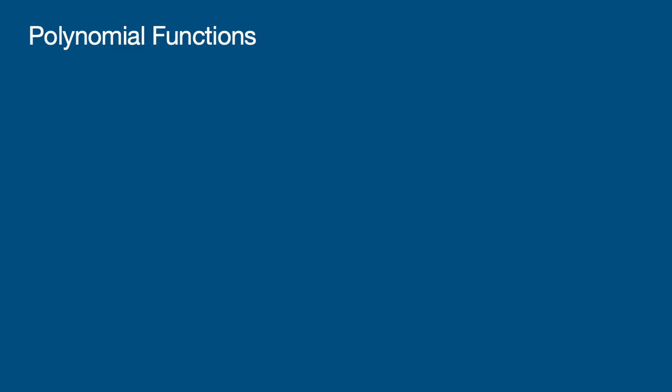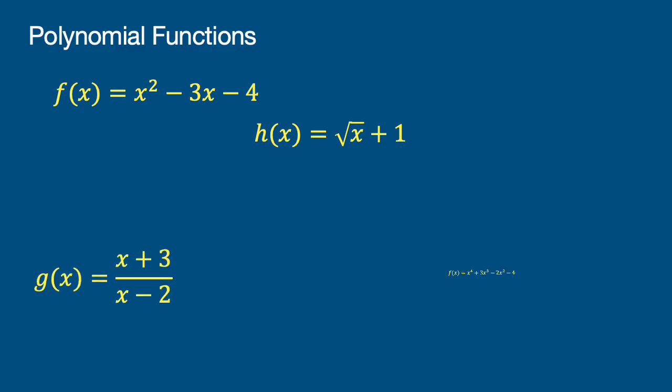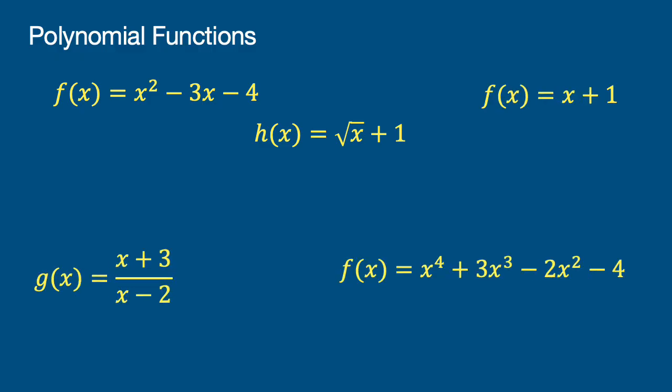Let's have an example of polynomial functions. I give 5 functions. Which one is a polynomial function, and which one is not? Let's start with the functions which are not polynomial functions.